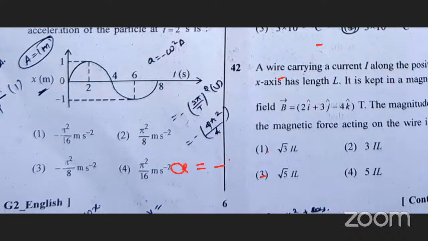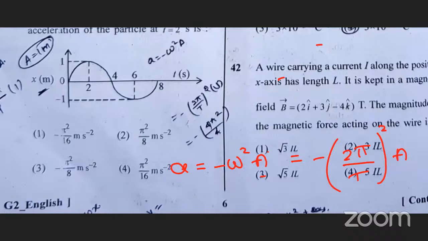So a max is equal to minus omega square A. Instead of omega, we can write minus (2 pi by T) the whole square into A. So from that, we can write minus 4 pi square by the time period, where the time period is equal to 8.